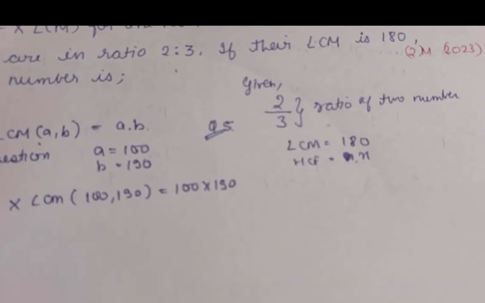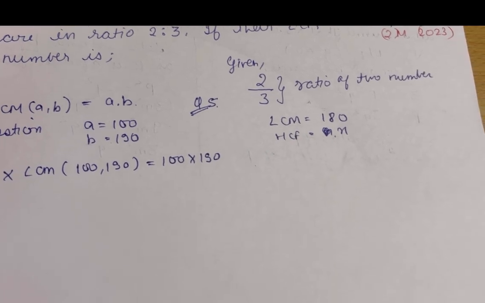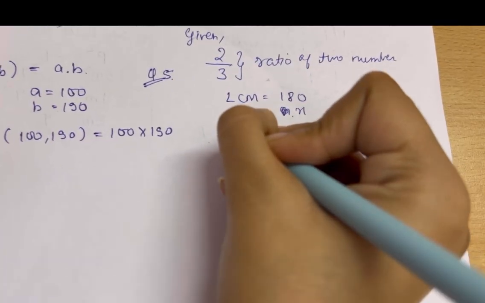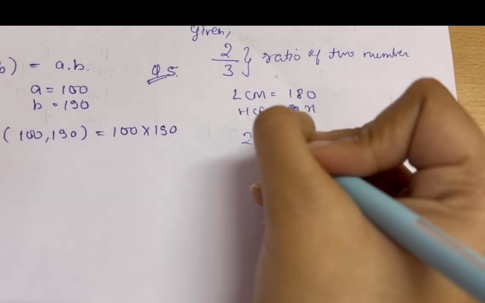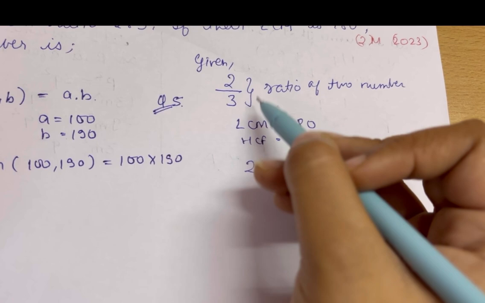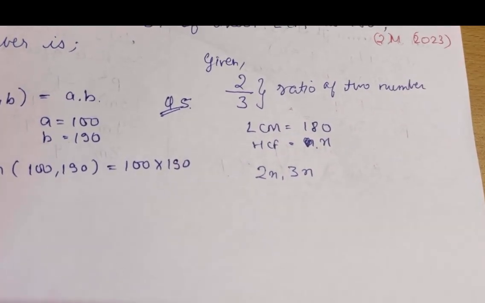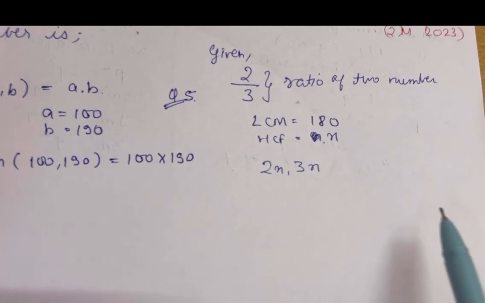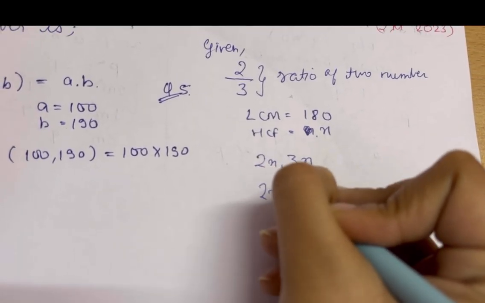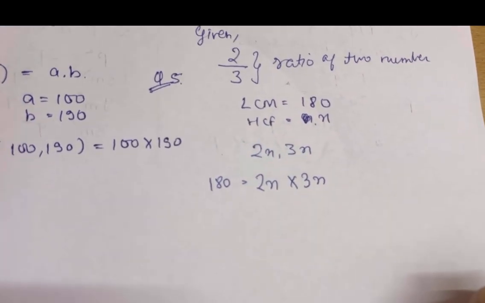As you know, on solving the ratio part, we take these two numbers as 2x and 3x, as these are a pair of co-prime numbers. They are the factor of some number, so we are taking the x part with it. So 2x into 3x will be equal to 180.